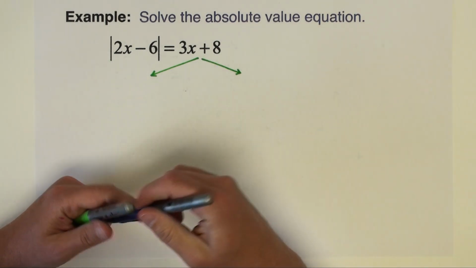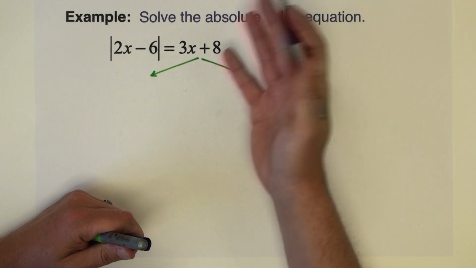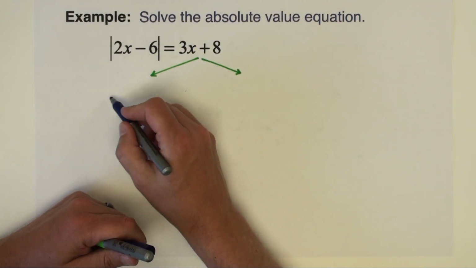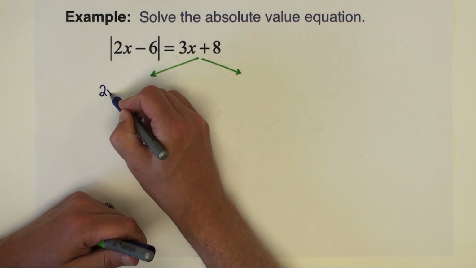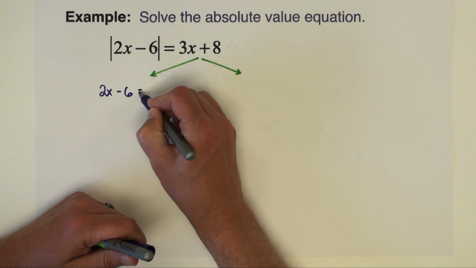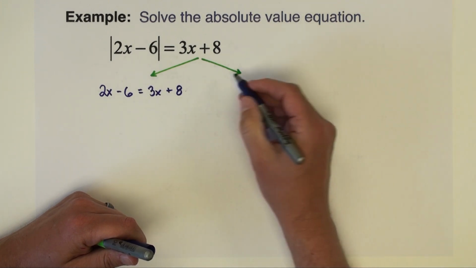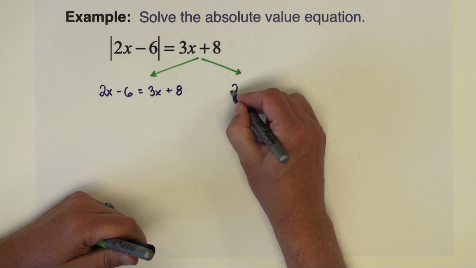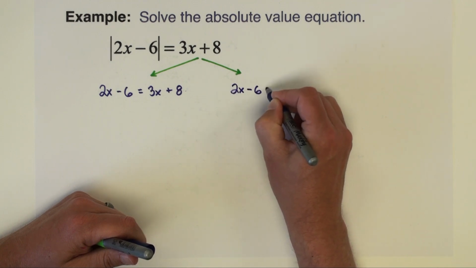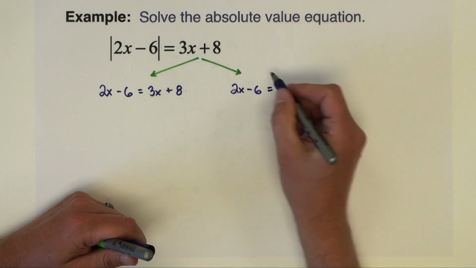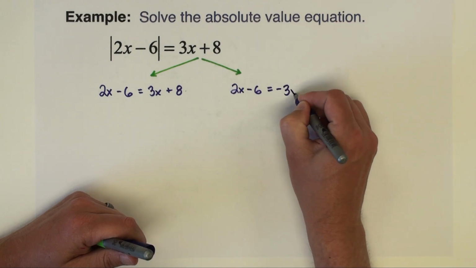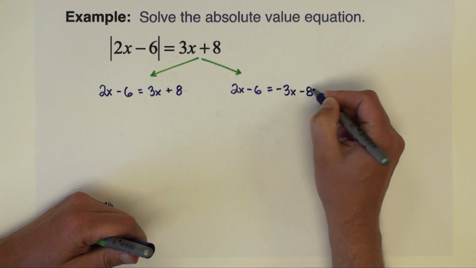First equation, just copy it down without the absolute value bars. So 2x minus 6 equals 3x plus 8. The other equation, 2x minus 6 equals, and now flip these to the opposites, negative 3x minus 8.